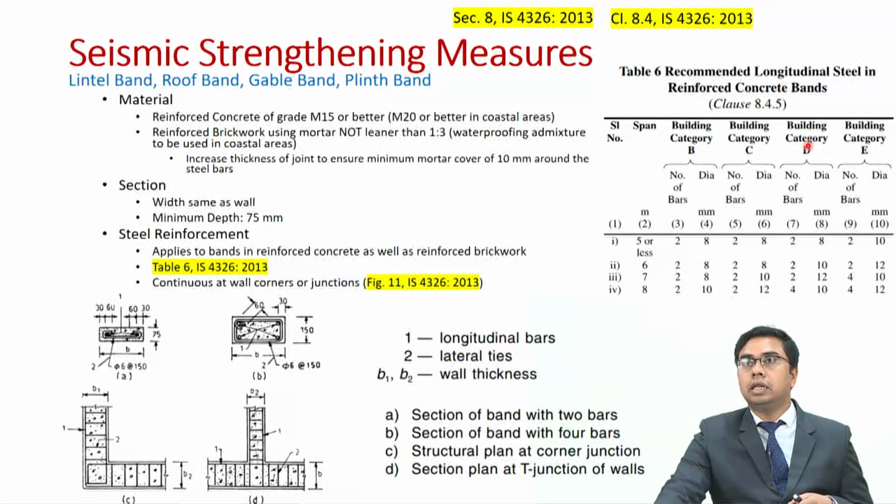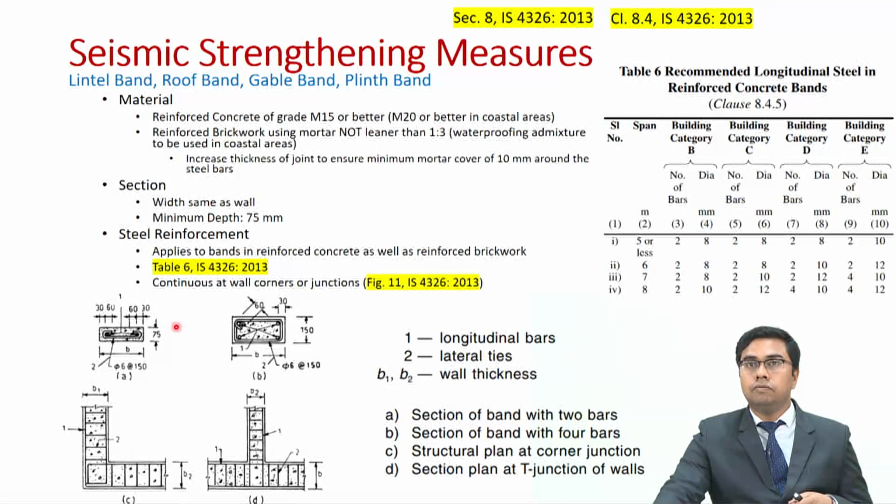So for a building category D, let us say if it has a span of 6 meters, we will need 2 numbers of 10 mm dia bars in our horizontal bands.